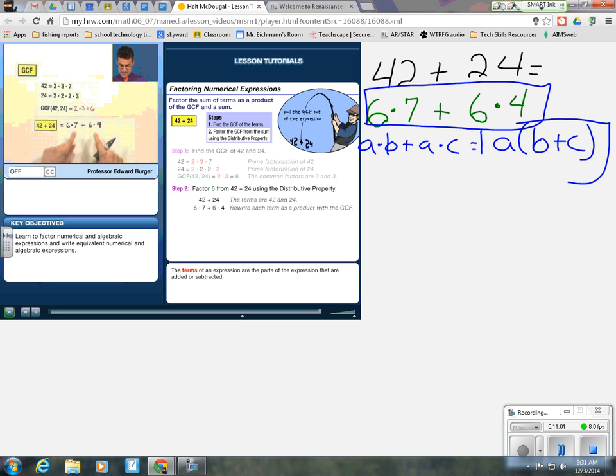In this situation, A equals 6, and then B is up there, so B equals 7, and C equals 4. So that would all be the same. Every time you set it up this way, yeah, those will all transfer over to those letters. Okay?